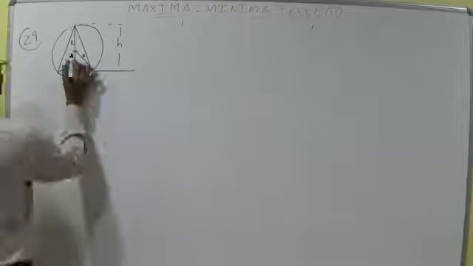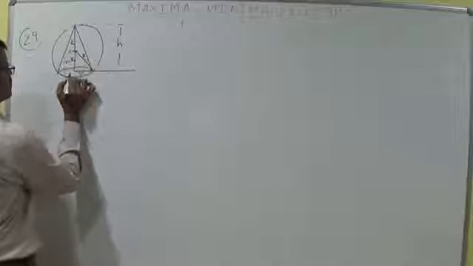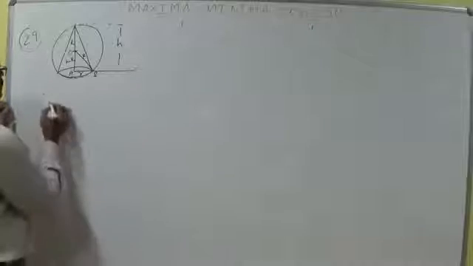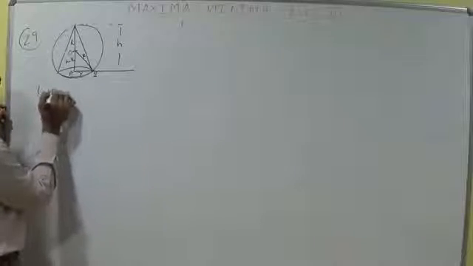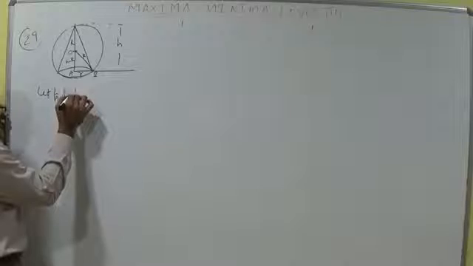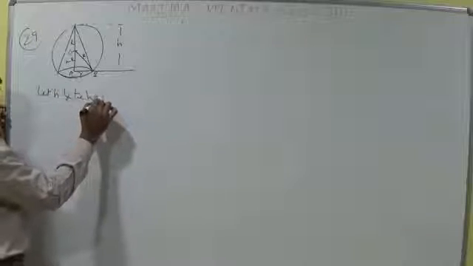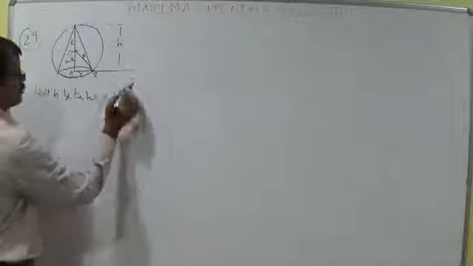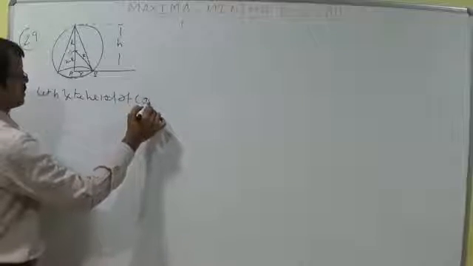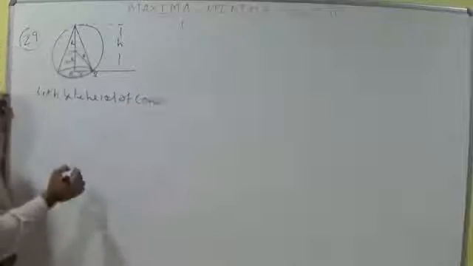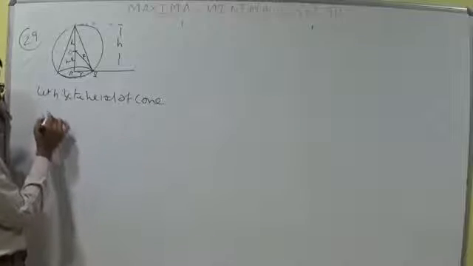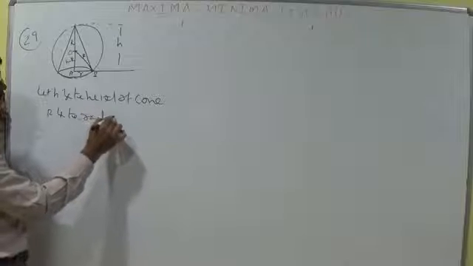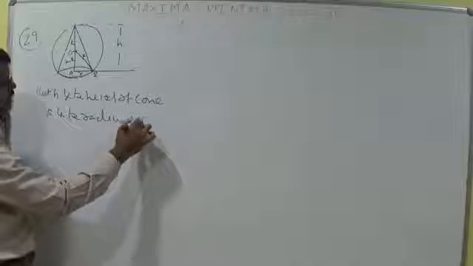Let this is O, this is A, this is B. Let H be the height of cone. Now R be the radius of sphere.